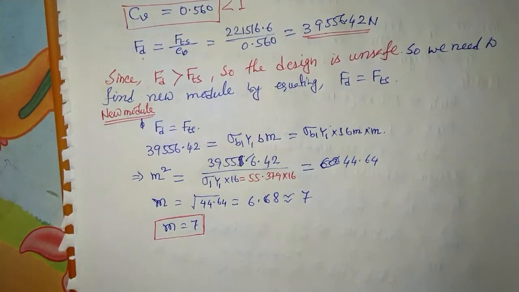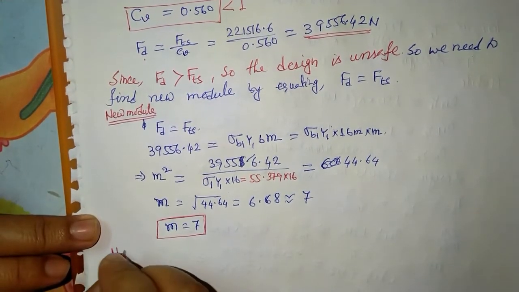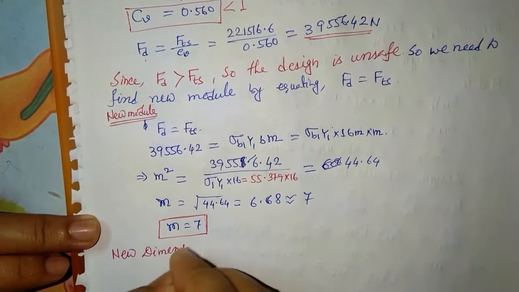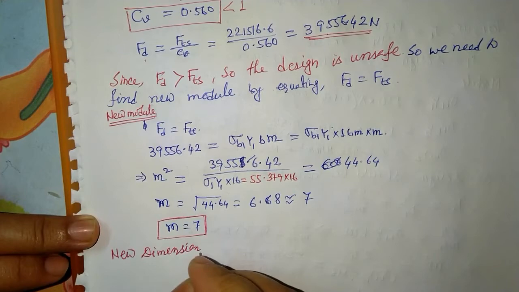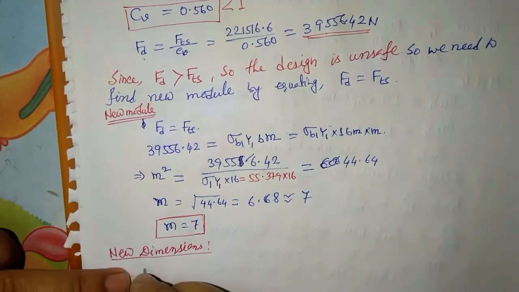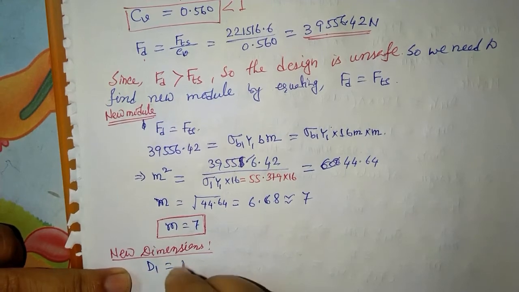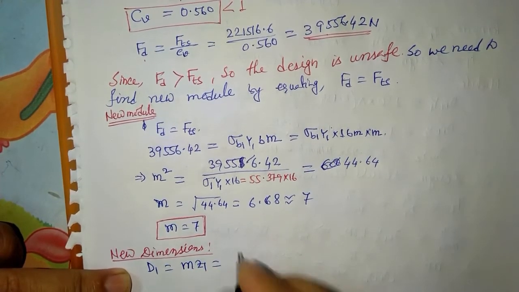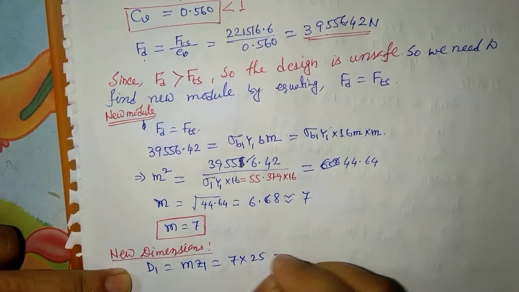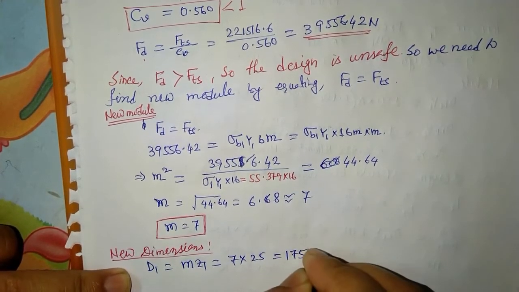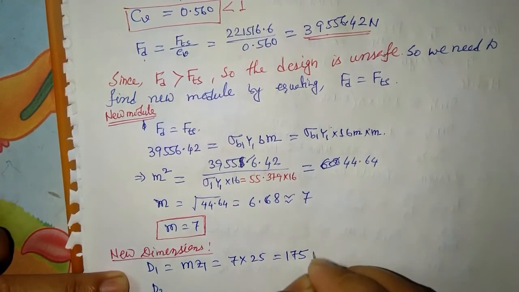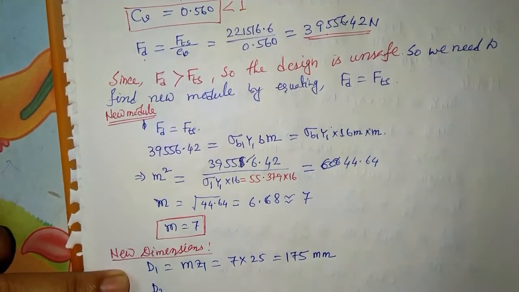Now again we need to find the new dimensions similarly. So our d1 equals m into z1, this is 7 into 25, and this value is 175 millimeter.